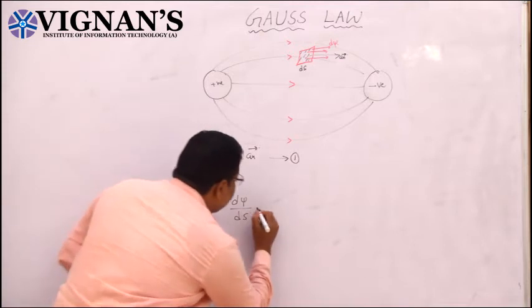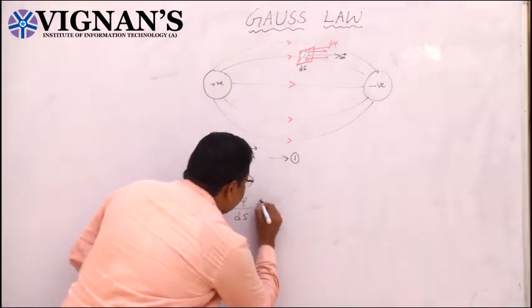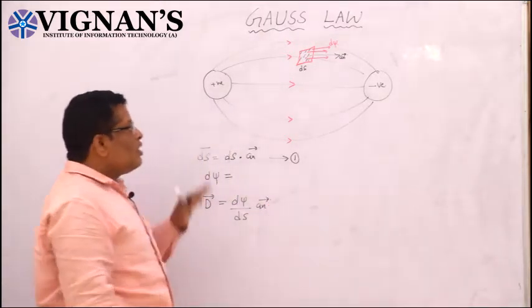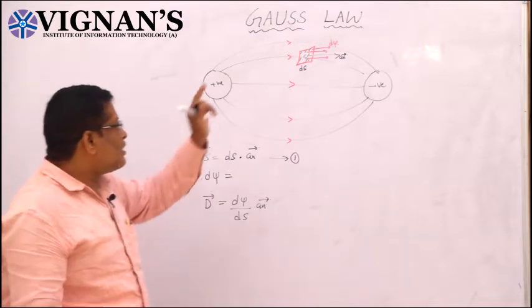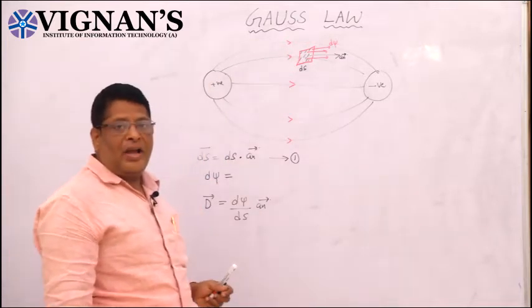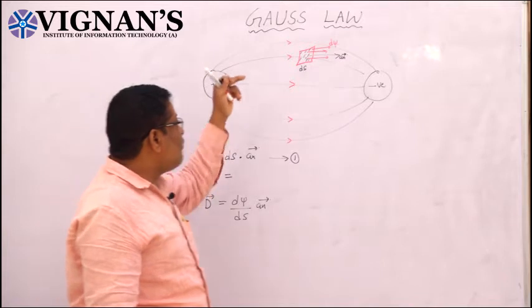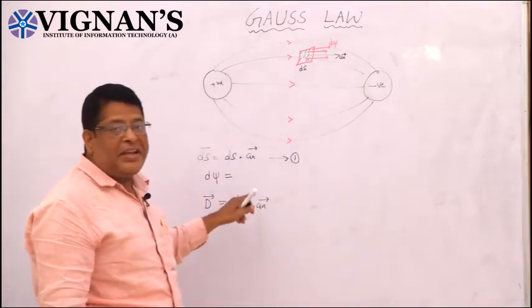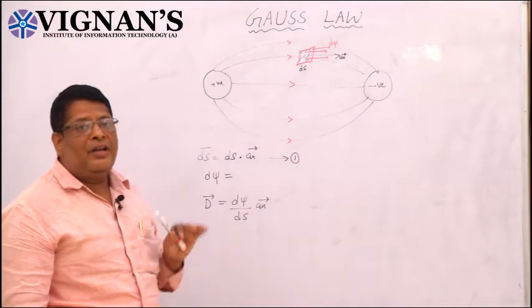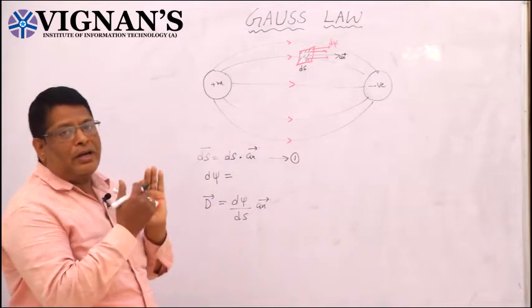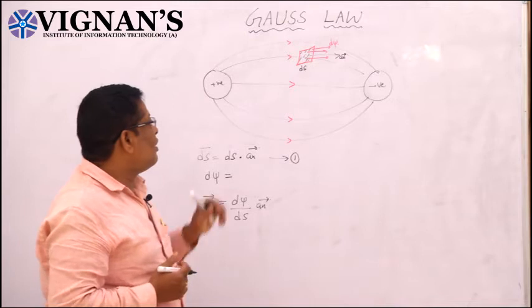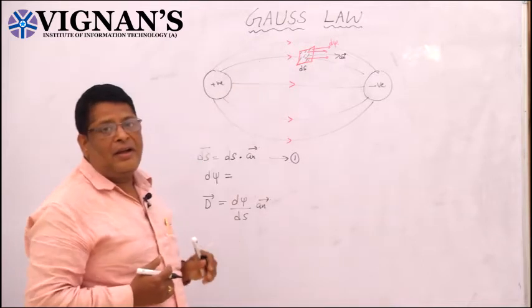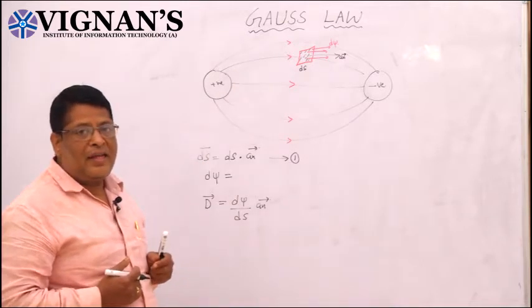That's why here we have taken a_n bar. In this case, the direction of the surface area and the direction of the flux leaving from the surface area is the same. That's why we have taken it here as a_n bar. a_n bar is a unit vector which is perpendicular to the differential surface area that we have taken in the electric field.